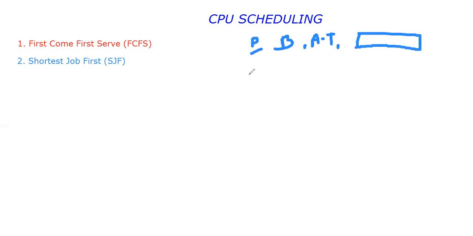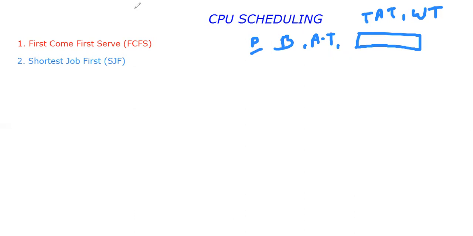So once we have all those things, what we want to generate is turnaround time and waiting time. So these are the things which we require.